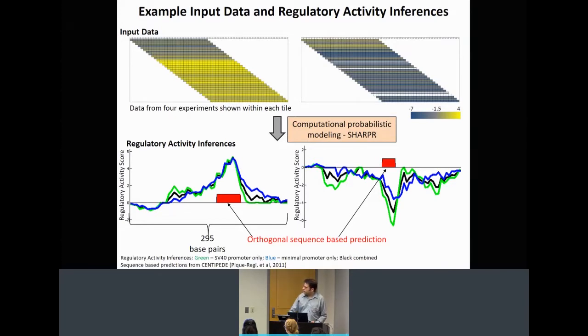But there are sort of two key advantages, or three, to this type of information that complements the sequence-based predictions of regulatory sites. One is that you have information that differentiates activation from repression. The second advantage is that it's making these inferences independent of actual DNA sequence. You could potentially identify regulatory sequences that don't match any regulatory motif pattern well. And then also this is orthogonal, since it's based on actual experiments.